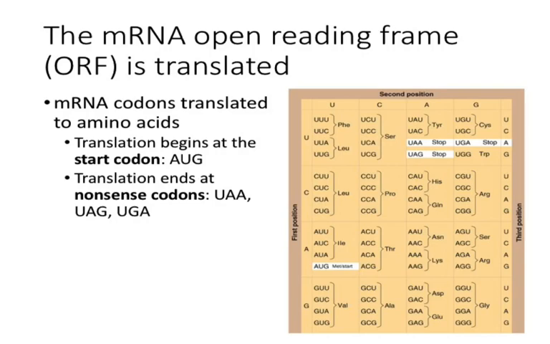Remember, those of you who have had me in the past, I love to think of these in terms of colleges. UGA, University of Georgia. UAA, University of Alaska Anchorage. UAG, something in Guadalajara. I cannot remember. Okay? So those are our 3 stops.